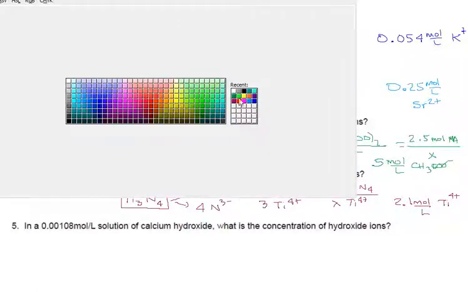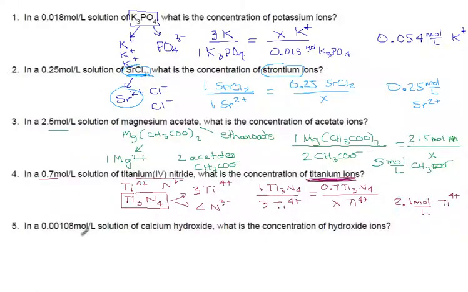Last one. Point blah blah blah, solution of calcium hydroxide. What is this? Calcium is +2. Hydroxides are -1, so we're going to have 2 hydroxides attaching to a single calcium. The formula will be CaOH2, like so.